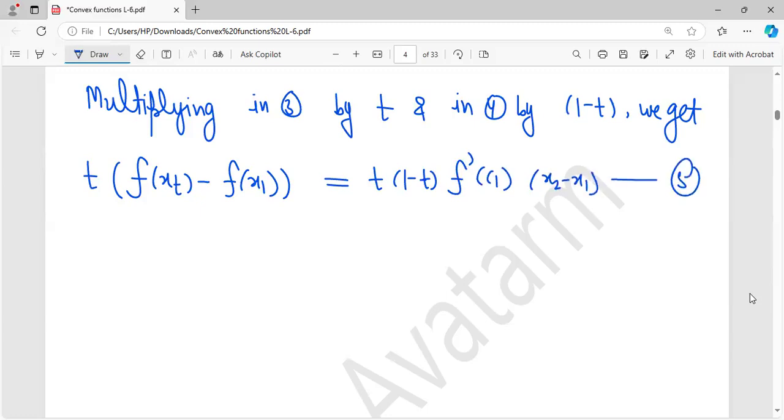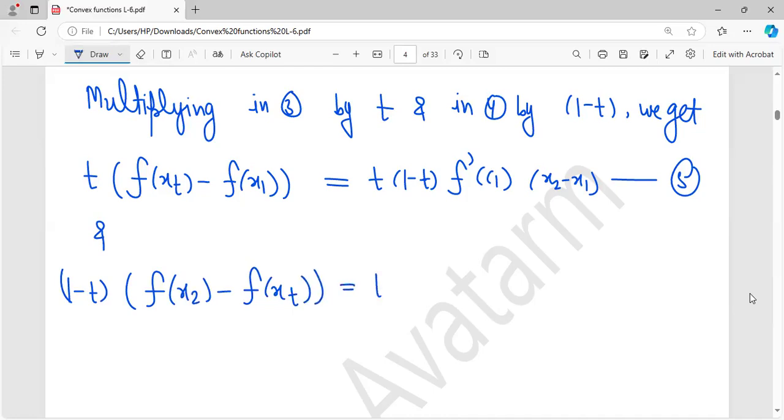This is 5. And (1 - t)(f(x2) - f(x_t)) equals t(1 - t) f'(c2)(x2 - x1). Let's take this expression.